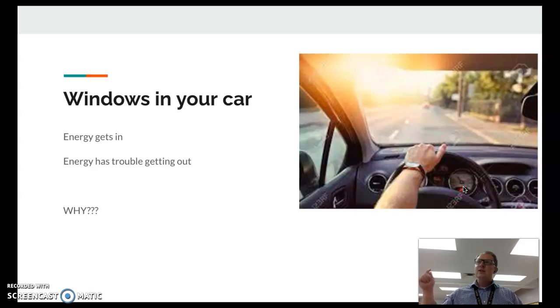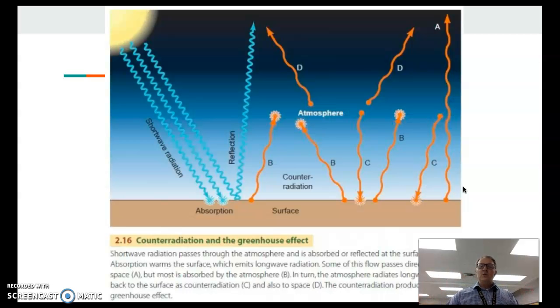But why? How does energy get in but have trouble getting out? That's related to what kind of energy it actually is. Energy from the sun comes to us in the form of shortwave radiation. You've probably heard of ultraviolet before. Ultraviolet light can't be seen by your eyes, but it can hit your skin, it can hit the ground, it can hit a home, and it can warm up that surface. All right?